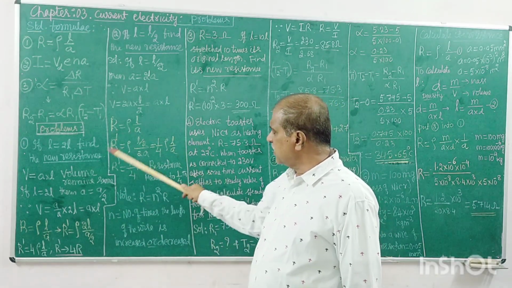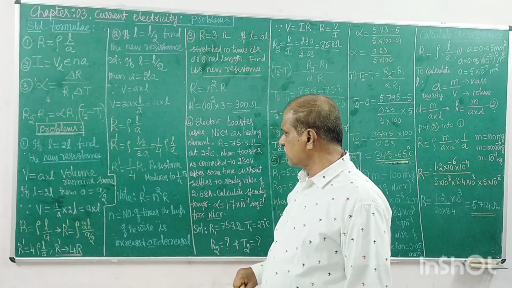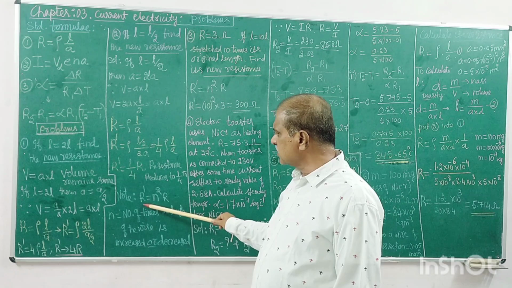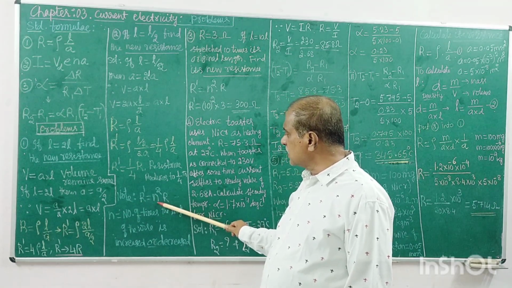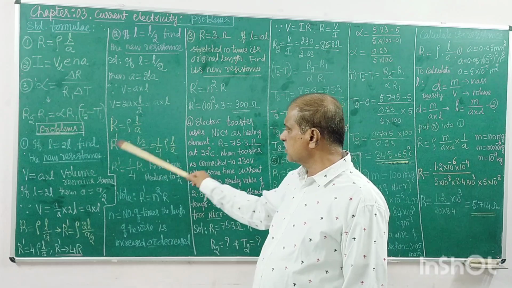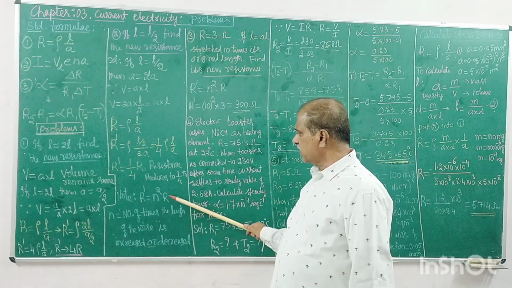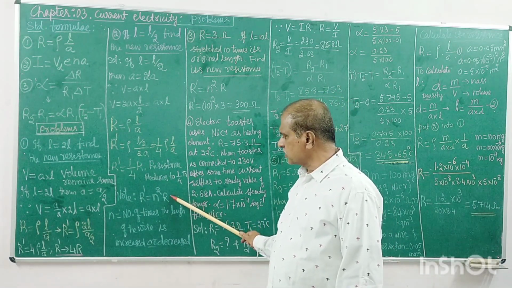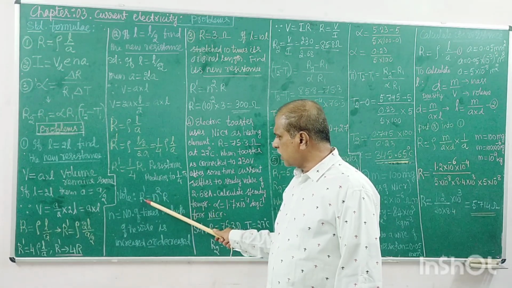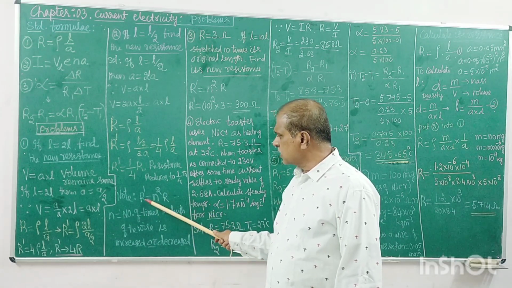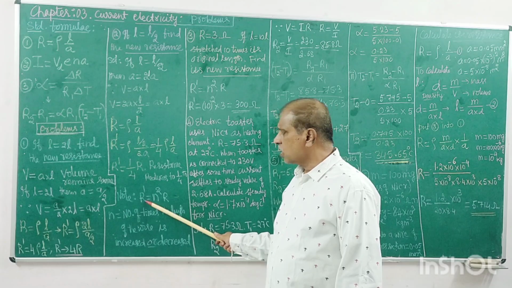And on the basis of this mathematical concept, we can give the generalized formula, that is R dash is equal to n square R. On the basis of this mathematics, we can have this standard equation. It is better to have this equation. What is R dash? It is the resistance after the change.